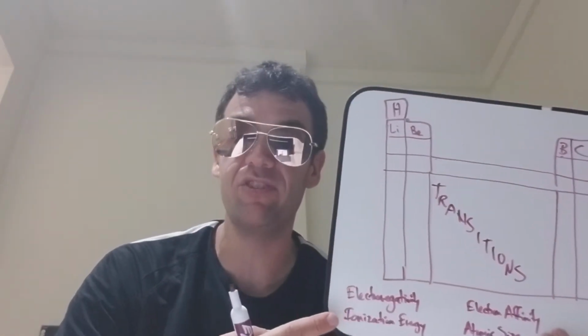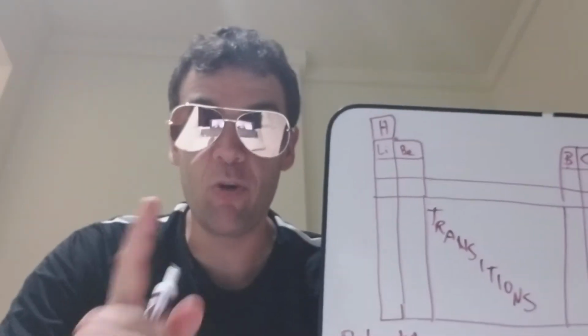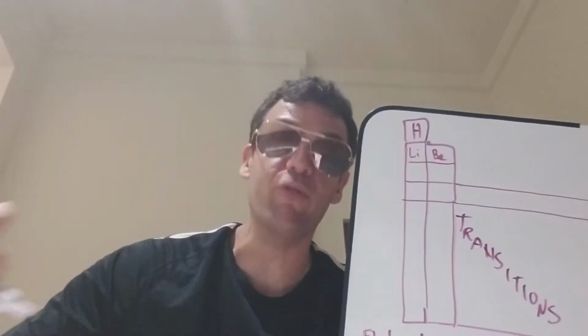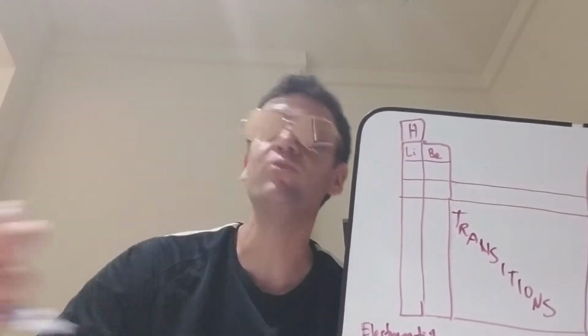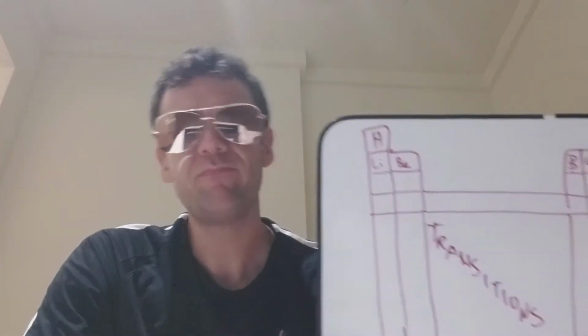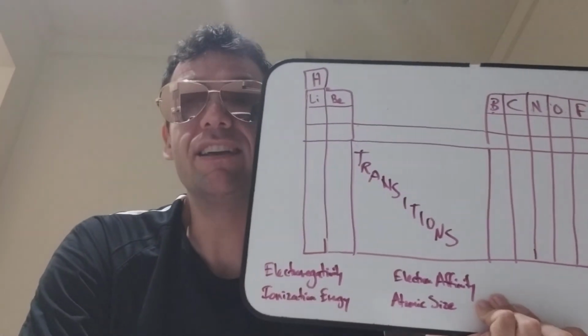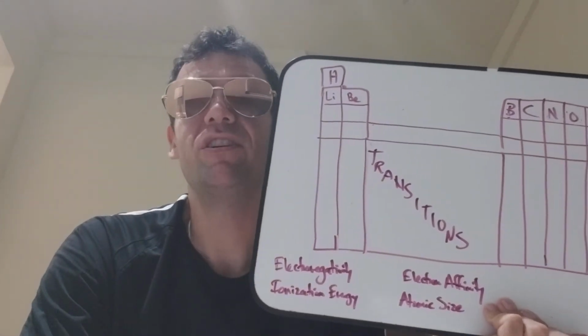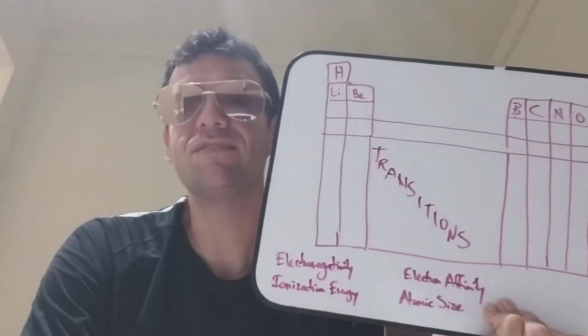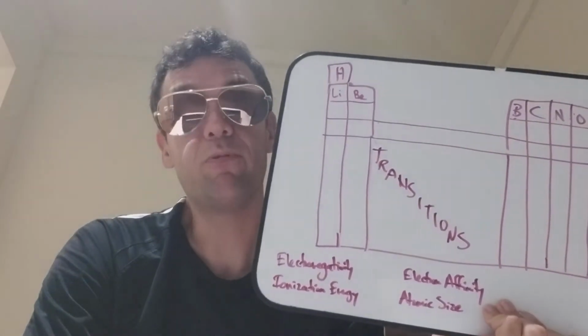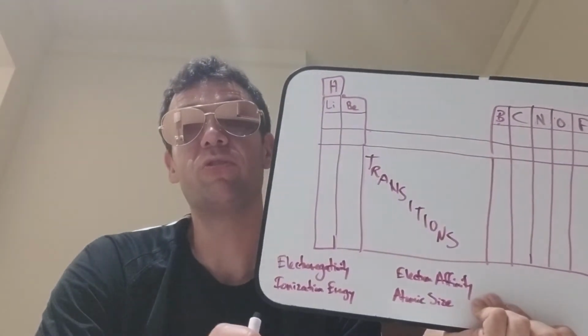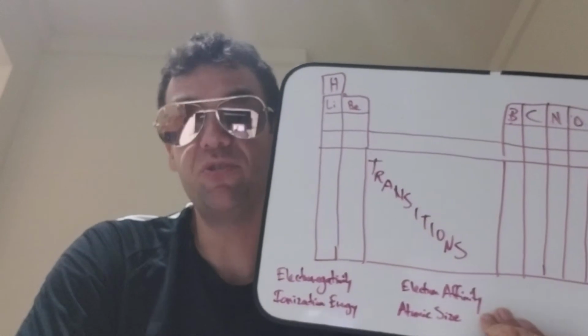But in ionization energy's case, it's the amount of energy required to remove only, not add, but to remove an electron from an atom. Electron affinity is basically the amount of energy, it's almost the exact opposite of this. It's the amount of energy per mole required to put an electron back on to an atom.